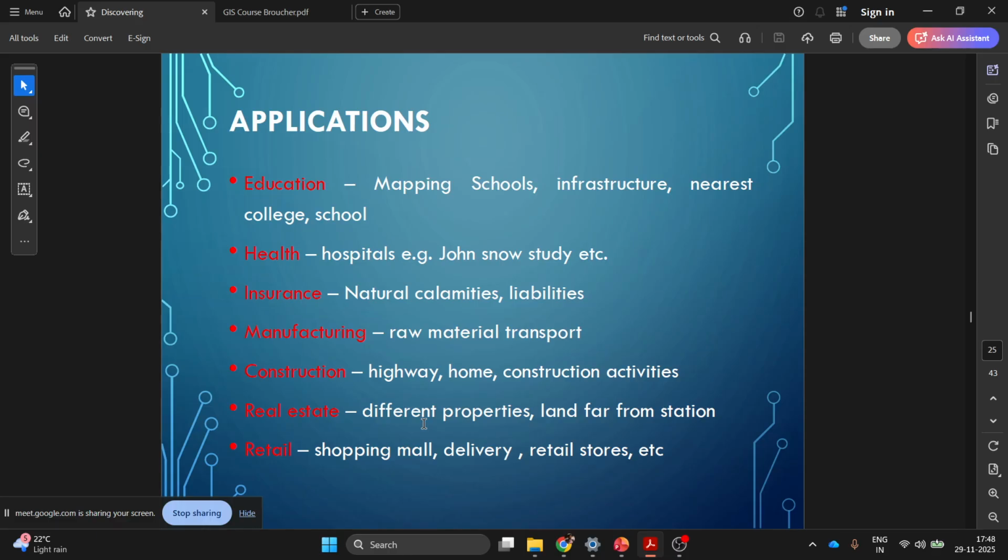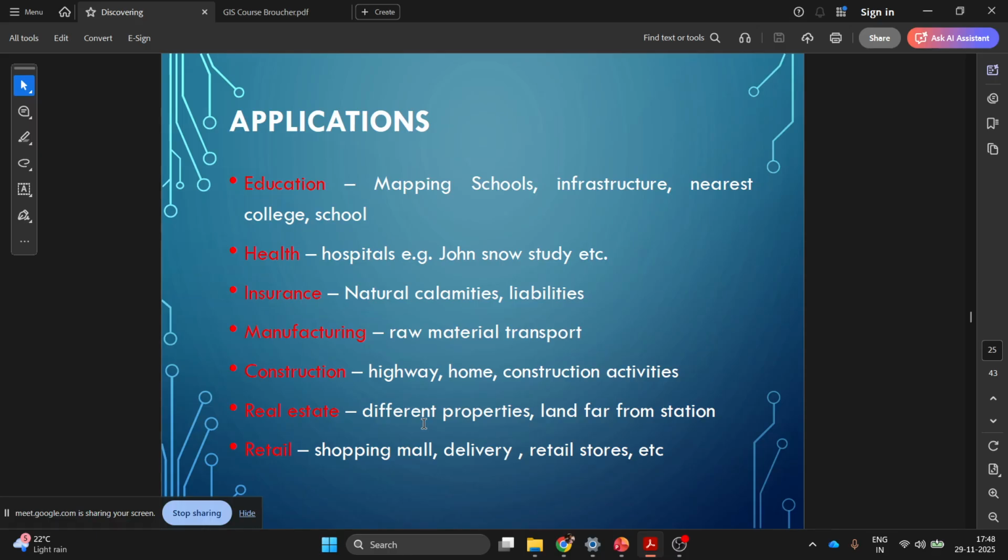And also real estate, for example, different properties. I can also solve a lot of real estate problems, like people have now started linking the documents to a particular location. For example, if someone needs to buy a particular land, the land number and other things, the documentation work, are associated with that particular location.